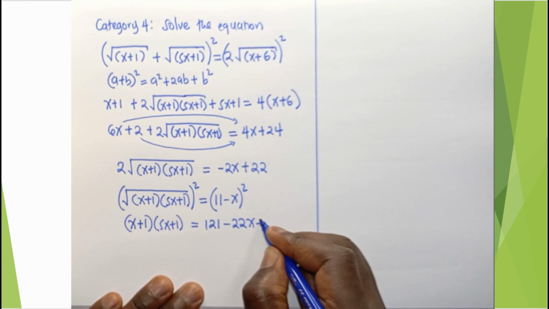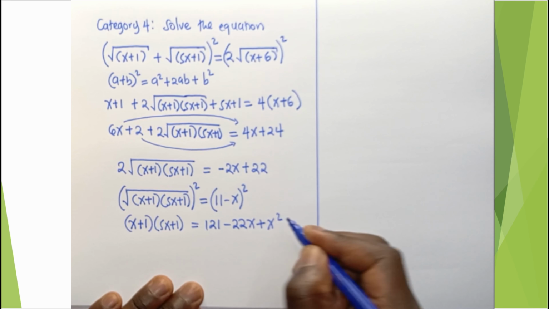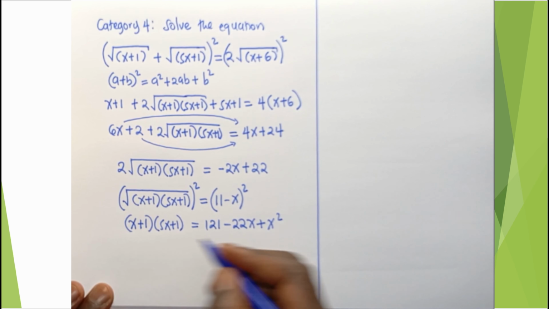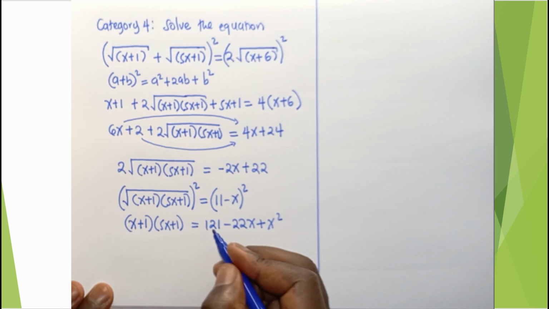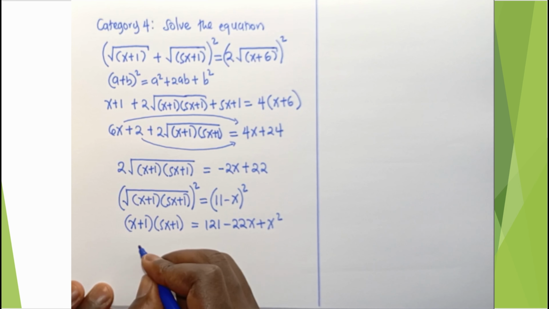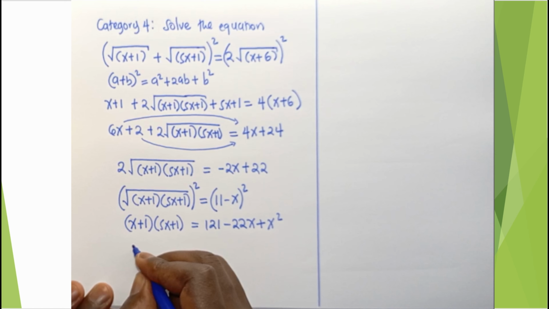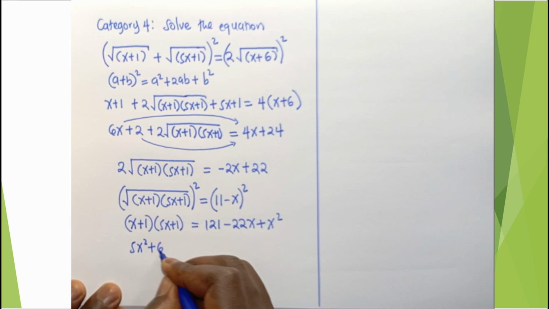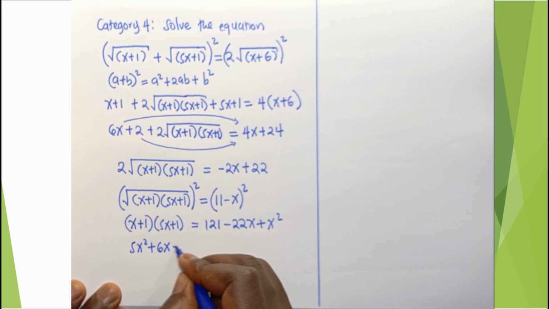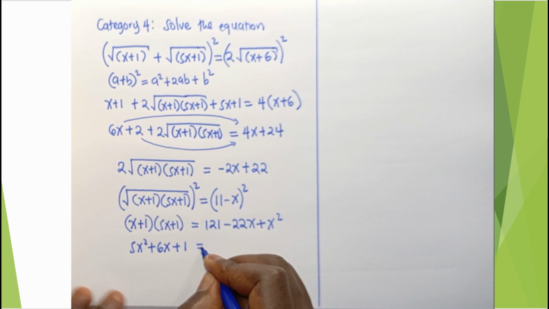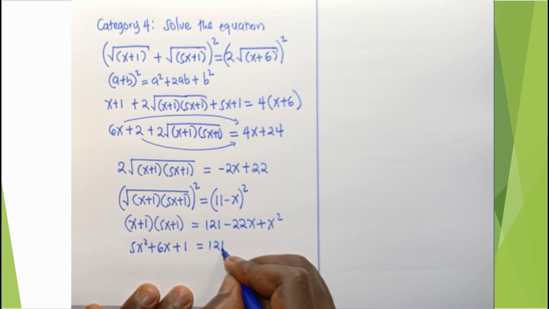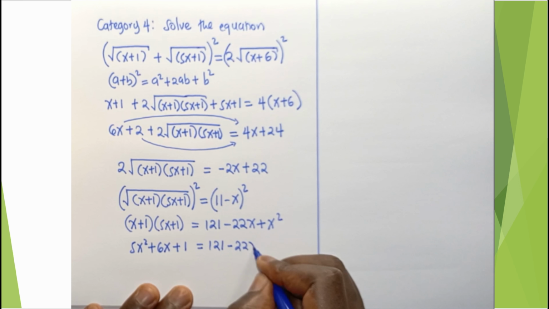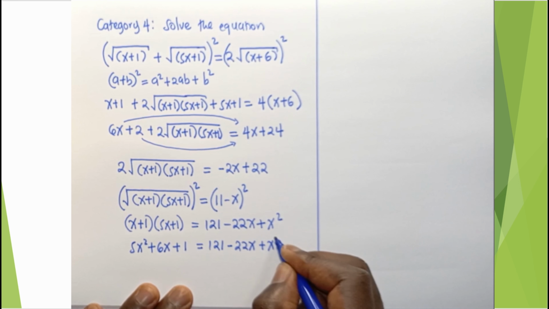That's the expansion. So when we expand the brackets, we shall end up having 5x squared plus 6x, then plus 1 is equal to 121 minus 22x plus x squared.